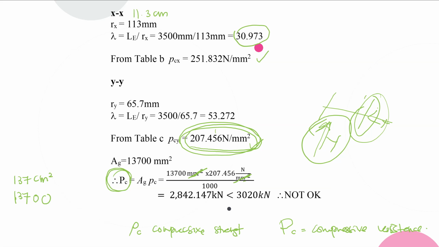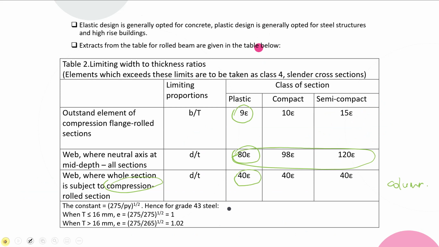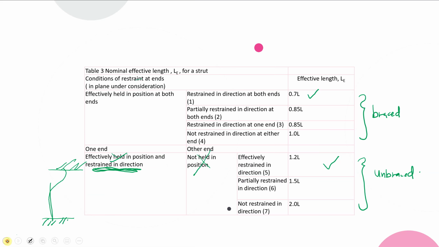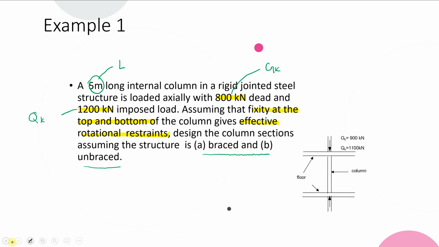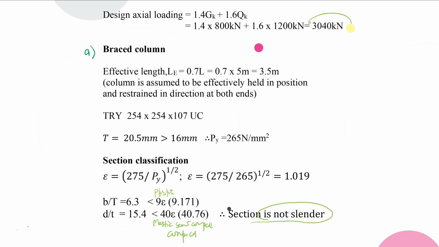Okay, the section is not given in the question, you yang cari sendiri. So you kena check lah section yang you suggest tu betul atau tidak. You nak compare dengan apa? You kena compare dengan the axial load yang you calculate masa awal-awal, which is here. Okay, 3040. So 3040.